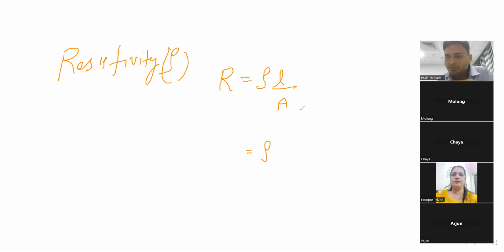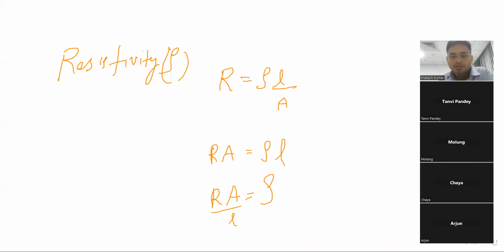See, R equals rho into L by A. You don't need to remember actually. If you cross multiply, what will come? RA will be equal to rho into L. So rho will be equal to RA by L. Up to this, it is okay, Tanvi? Yes, sir.